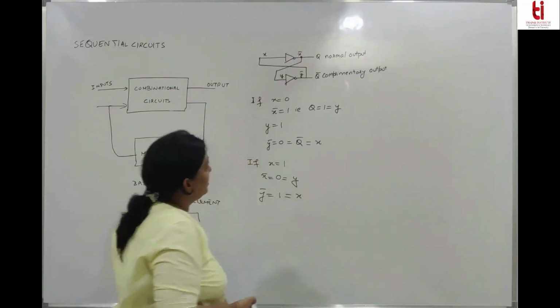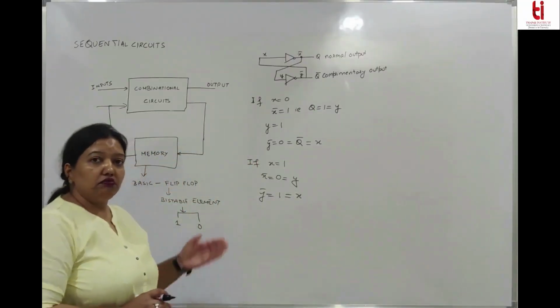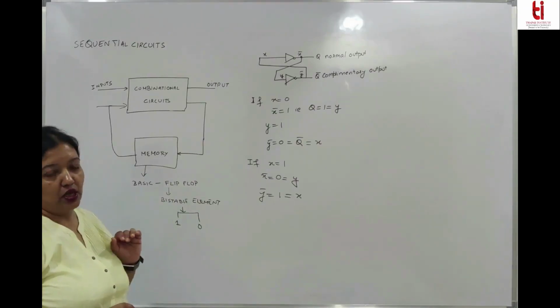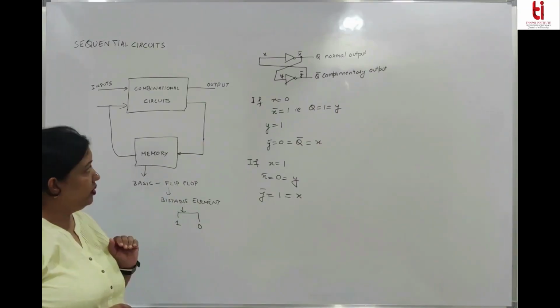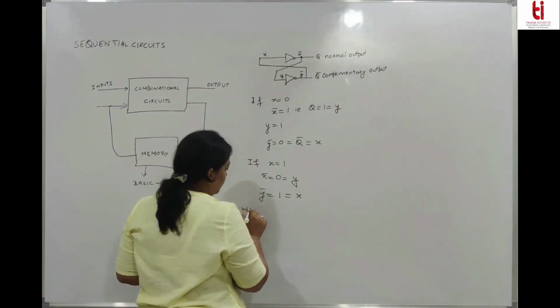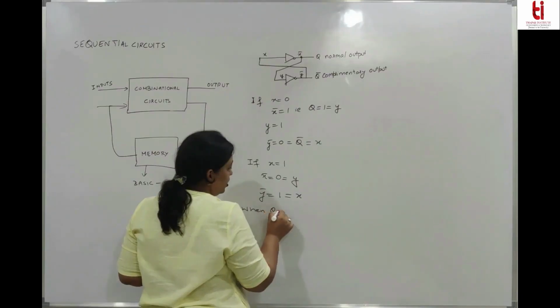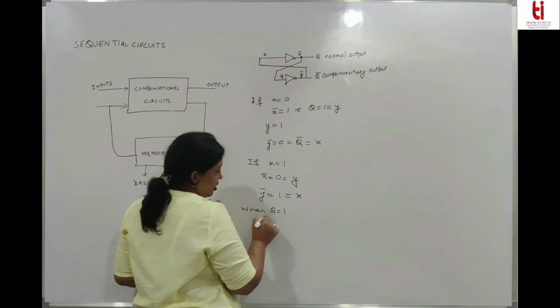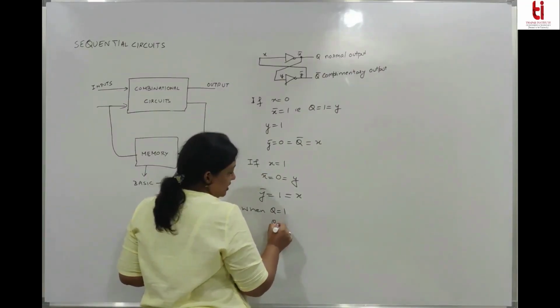Now in this you can see that this particular bistable element has two stable states. One is 1, another is 0. When Q is equal to 1, we say it is in the normal state or set state.